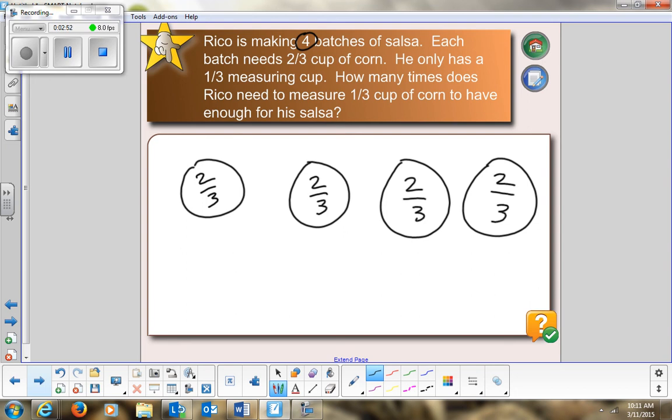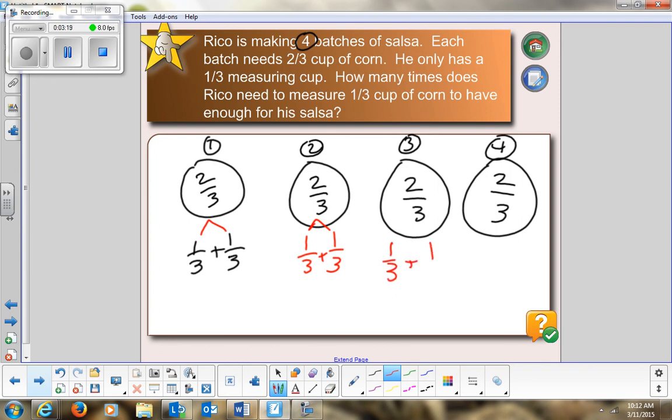Okay, so 4 batches of salsa. It's 1, 2, 3, 4. Each one needs 2/3, but he only has 1/3 a measuring cup. Okay, so I have a third here, but I need 2/3. So I'm going to need to do that twice to go into this one, right? All right, this one's going to need the same thing to go into this one, and so on and so forth.